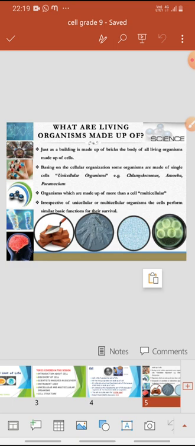We call those organisms unicellular organisms. Examples are Chlamydomonas, amoeba and paramecium. Organisms which are made of more than one cell are called multicellular. Examples of multicellular organisms are humans, plants and animals. Irrespective of unicellular and multicellular organisms, the cells perform similar basic functions for their survival. Is it clear, children?